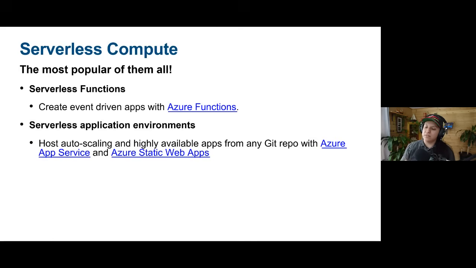You can utilize services like Azure App Service or Azure Static Web Apps. We'll dive a little bit more into Azure Static Web Apps just because it's quite powerful actually. These are services that will take care of your serverless application environments. That way you push your code there and make sure that any changes to your code go there. But in terms of, hey, I need to scale with more, there's a peak in traffic or things like that, that is all handled by the platform and by these specific services too.